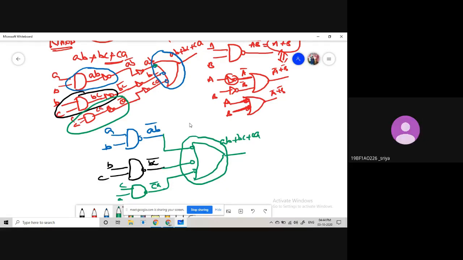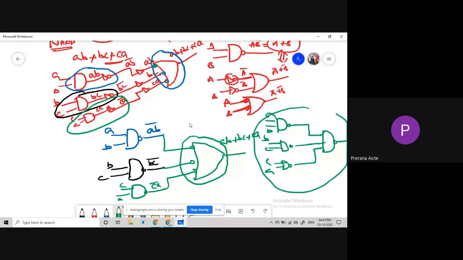Then finally it becomes like this, so simply we are replacing that: AB, BC, CA. So this one is equivalent to this diagram, right?